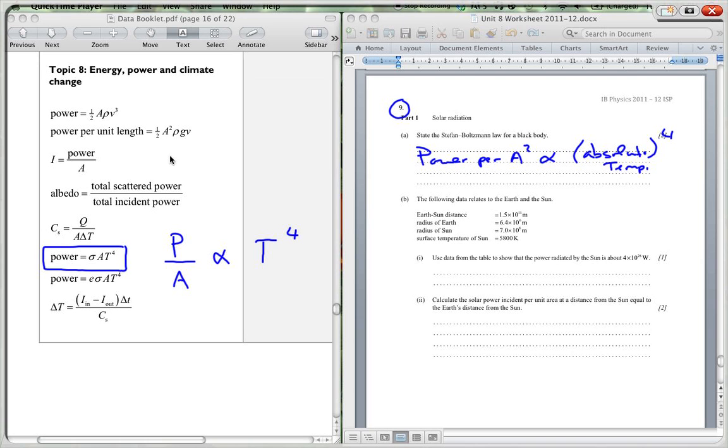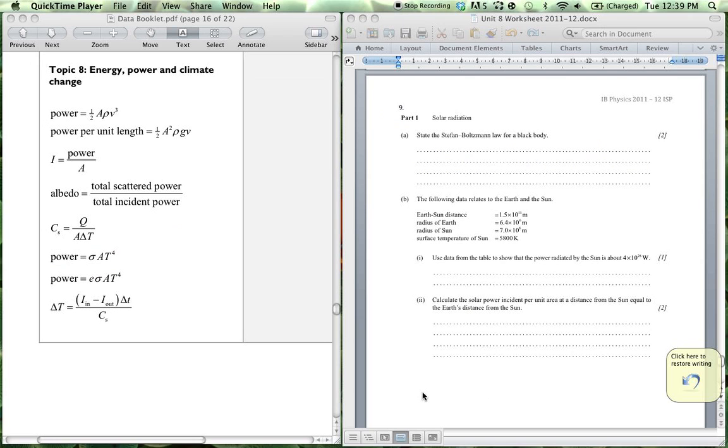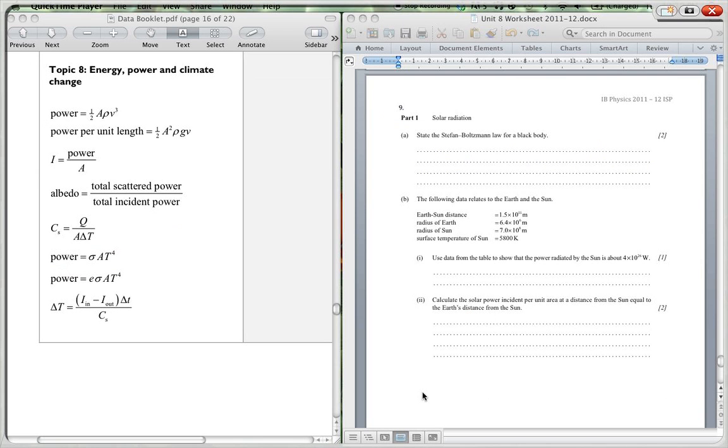The radius of the Sun is 7 times 10 to the 8, and the surface temperature of the Sun is 5,800 Kelvin. Now, it says use the data from the table to show that the power radiated by the Sun is about 4 times 10 to the 26 watts.